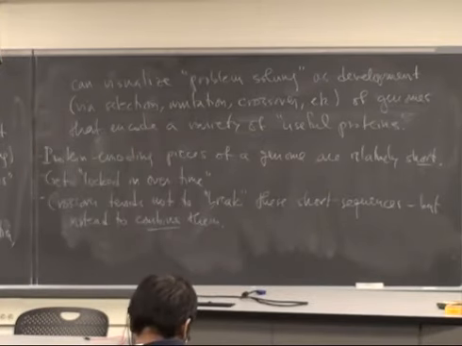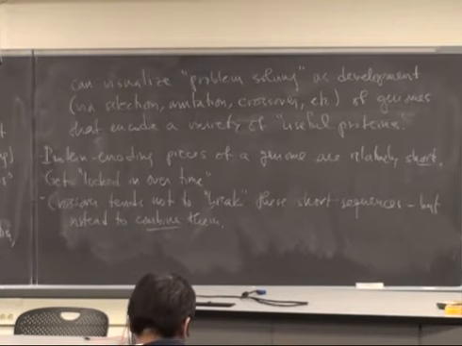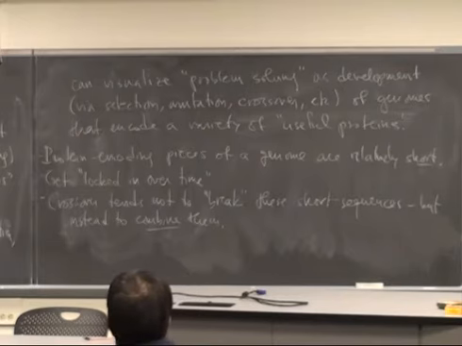One parent has one, another has another, and lo and behold, you build up over time genomes that encode for a variety of useful proteins. Okay, so that's a very simplified view of how you can think of biology as solving problems via selection, mutation, crossover, etc. So Holland was hoping that this is what genetic algorithms are doing.